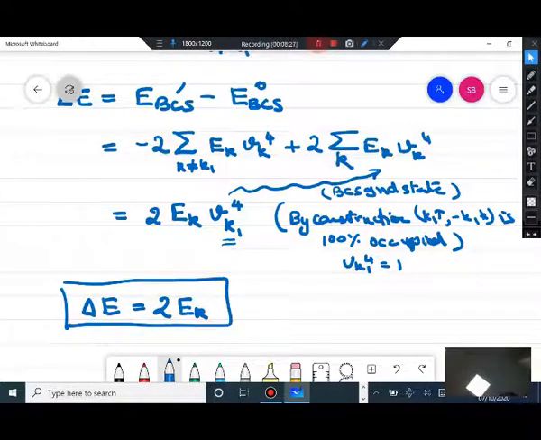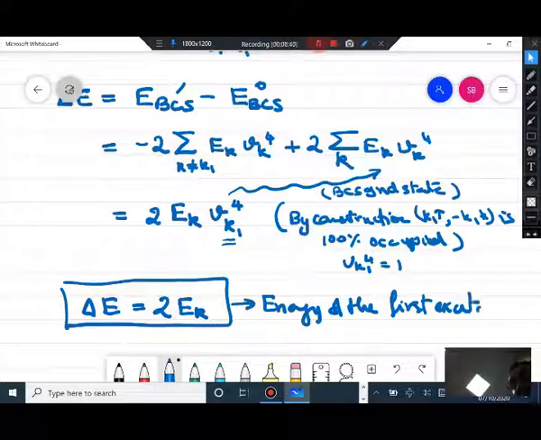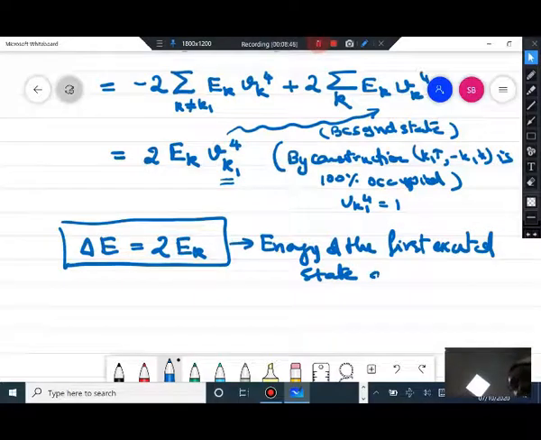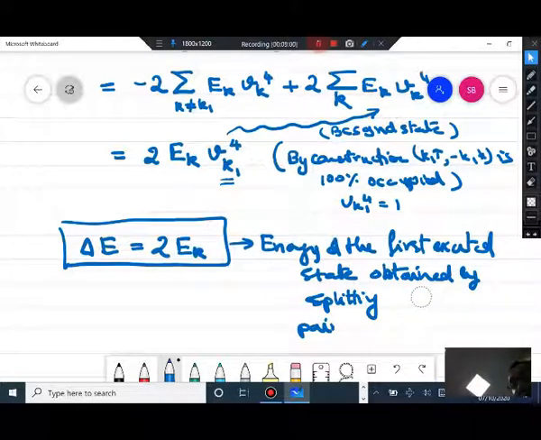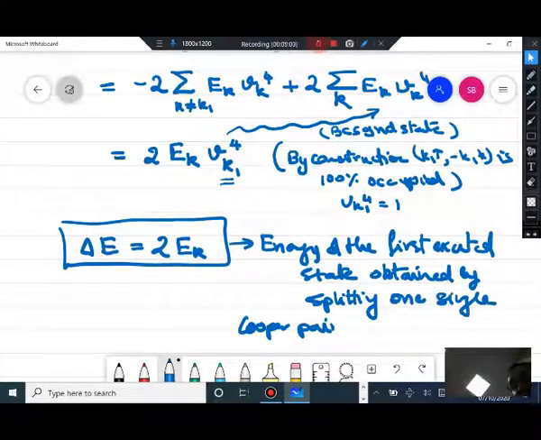The energy which is obtained by splitting up the pair is twice Ek. So this is the energy of the first excited state, which is obtained by splitting one pair, one single Cooper pair.